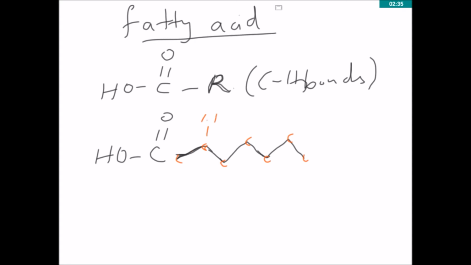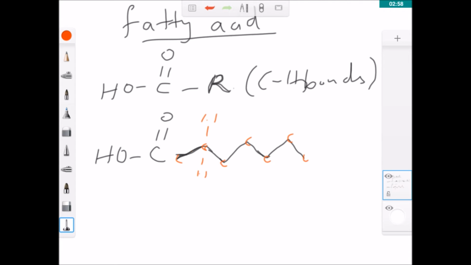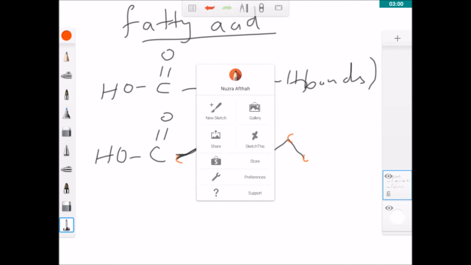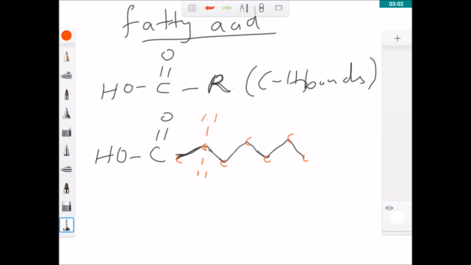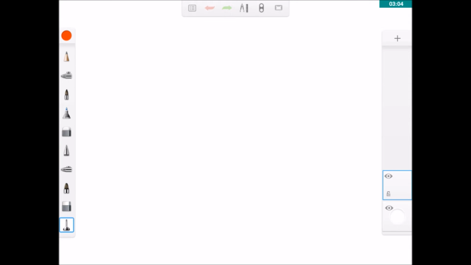Anyway, I don't want to go into detail because it's not a chemistry lesson. Remember, if the fatty acid is given in any of these ways, you should be able to recognize it. Now let's see how these two components, fatty acid and glycerol, make up the triglyceride.